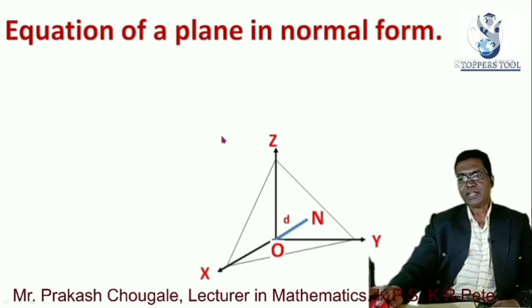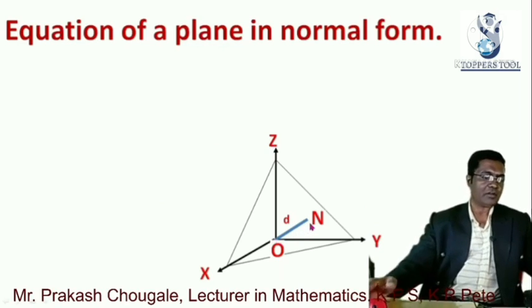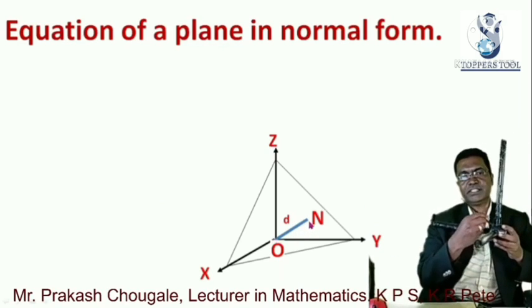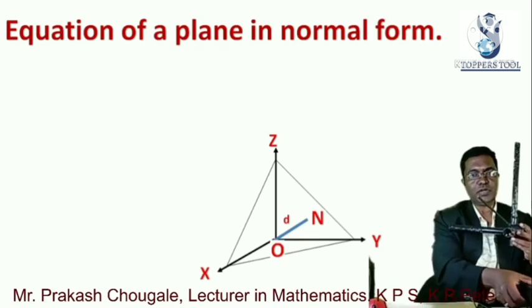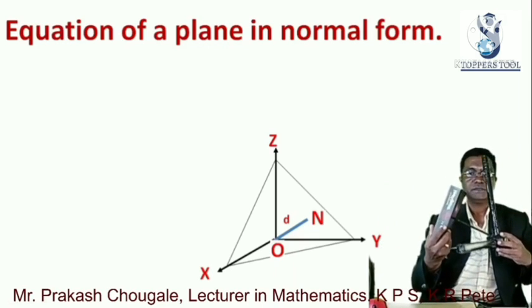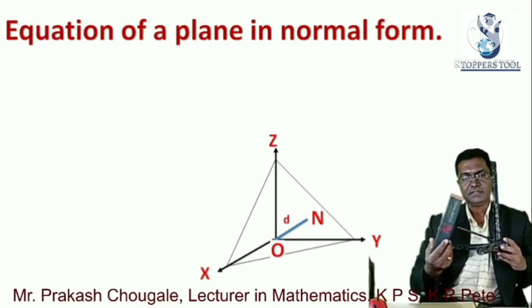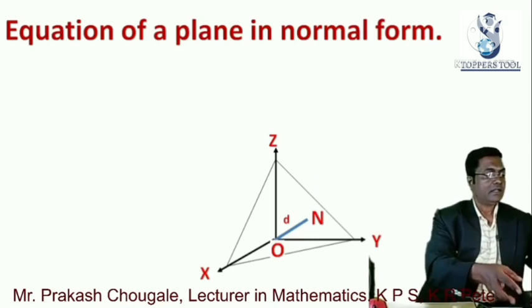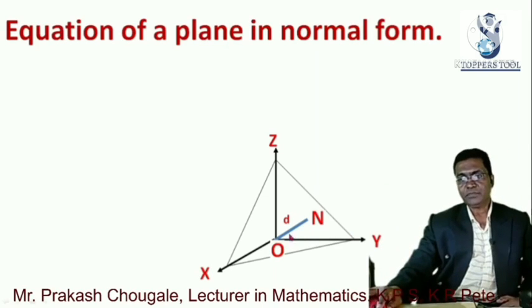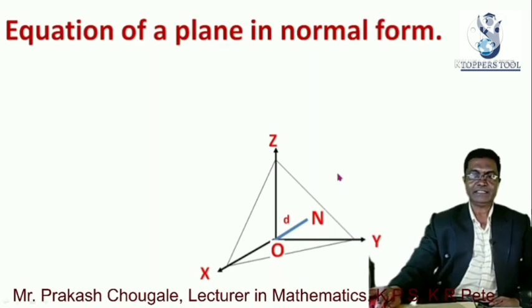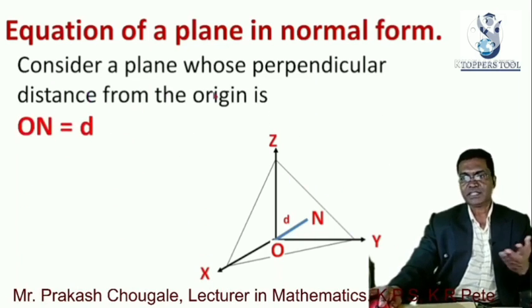So let us see here. Here is a plane and this ON is the normal. Just imagine that this is your ON and this is your plane, and assume that the length of the normal is d. So consider a plane whose perpendicular distance from the origin, ON, is equal to d.